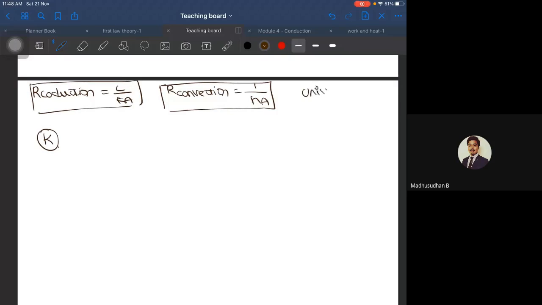What do you mean by overall heat transfer coefficient? What does it exactly mean, that you have to understand. Coefficient. Okay. Now, what is K?